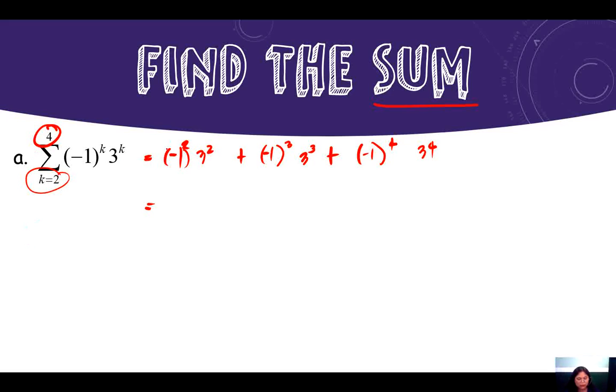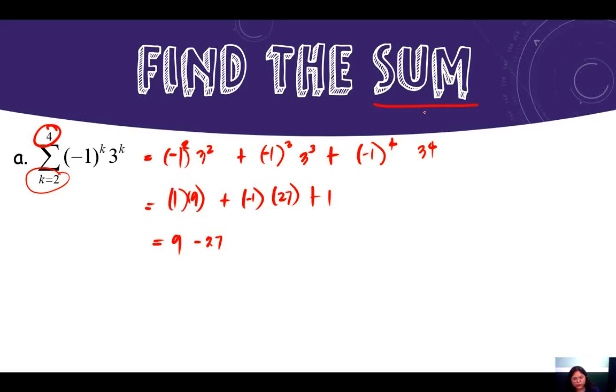Then let's simplify. Negative 1 raised to 2 is 1. 3 squared is 9. 1 times 9 is 9. Negative 1 raised to 3 is negative 1. 3 raised to 3 is 27. Negative 1 times 27 is negative 27. Negative 1 raised to 4, the answer is 1. 3 raised to 4, what's the answer?